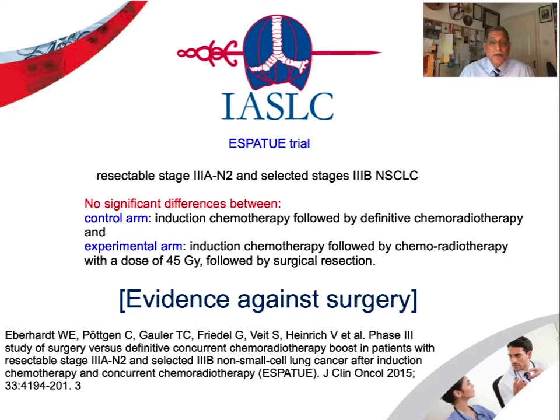The second group was treated by trimodality, with the same regime of induction chemotherapy, followed by chemoradiotherapy, followed by surgery. There was no statistical difference between the 2 groups. One can conclude that surgery does not add to the prognosis and can be omitted, especially as it carries more chances of morbidity and mortality.